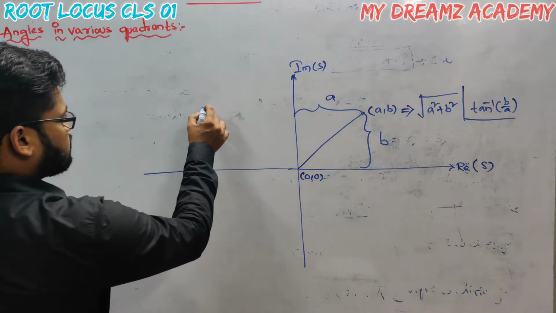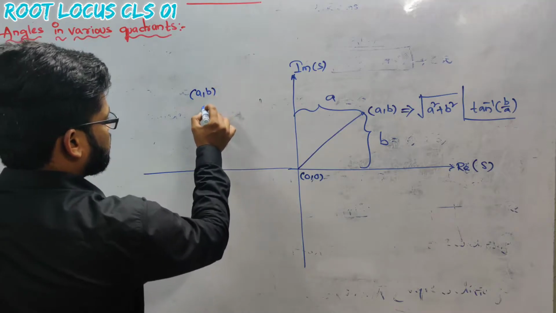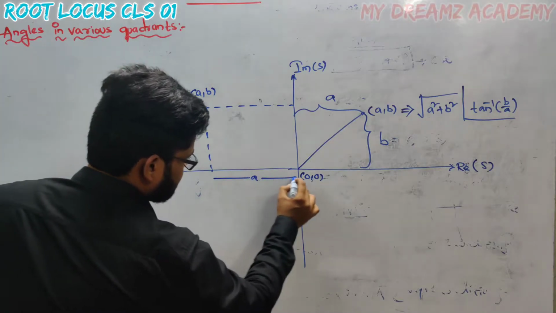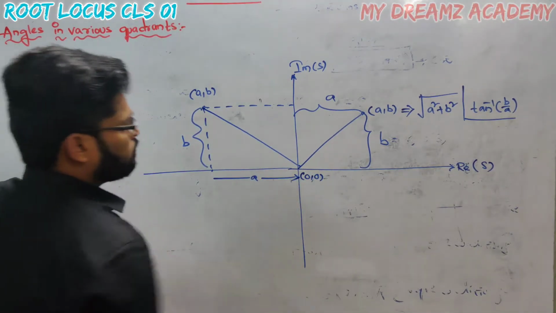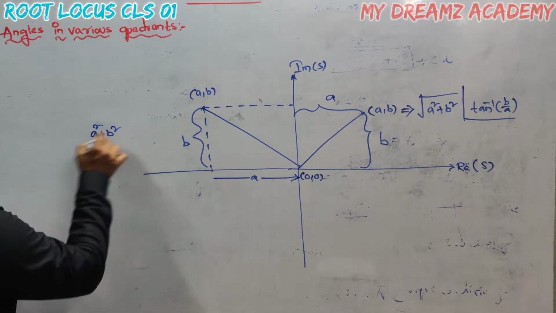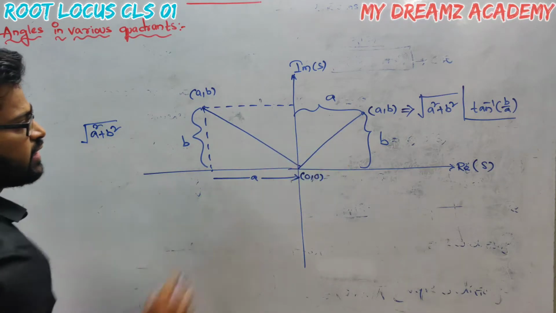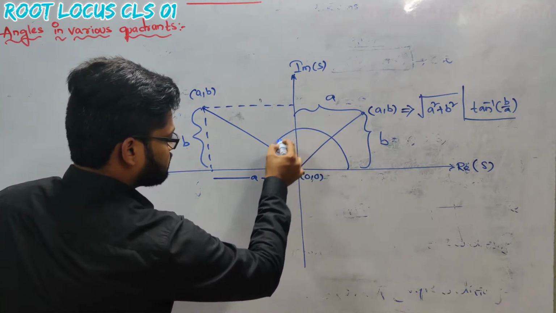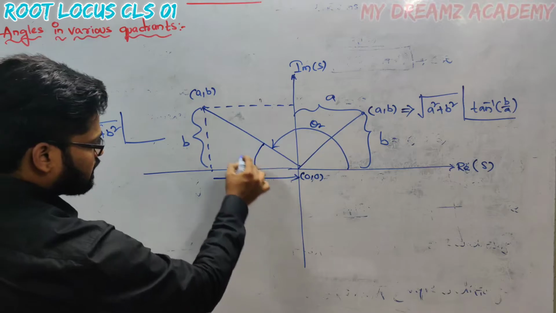Now the same point is in the second quadrant, A comma B. This length is A and this distance is B. Here the magnitude is the same, that is, the root of A square plus B square, and the angle is somewhat different than in the first quadrant. Let us consider this is theta 2 and this is theta.